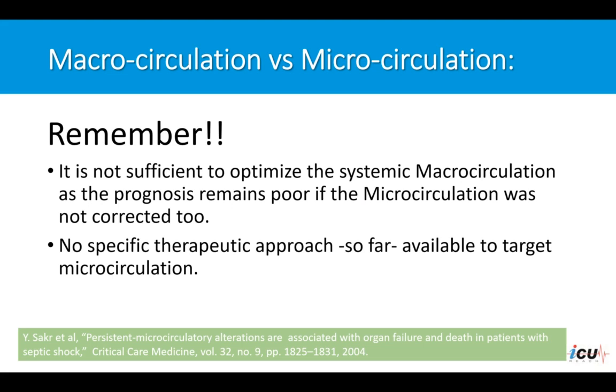The prognosis remains poor if the microcirculation was not corrected. So yes, we optimize the systemic macrocirculation that we can manipulate and monitor the numbers. However, we may not be able to optimize the microcirculation. There is no specific therapeutic approach so far that is available to target microcirculation.